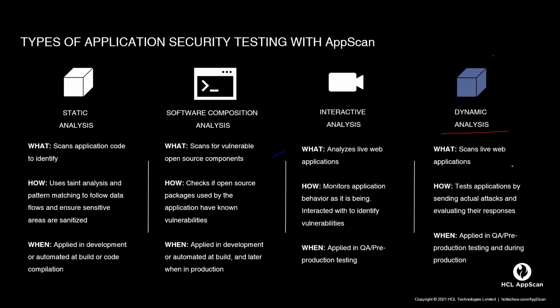And really the focus around dynamic analysis is to scan your web application while it is live. So, think of when your app is deployed in a QA or pre-production stage, right? And then the way we conduct it is through what we call black box testing, by sending actual attacks and evaluating the responses, right? So just want to situate ourselves a little bit on what the focus is going to be for today's discussion. It's going to be on this pillar right here. Okay.